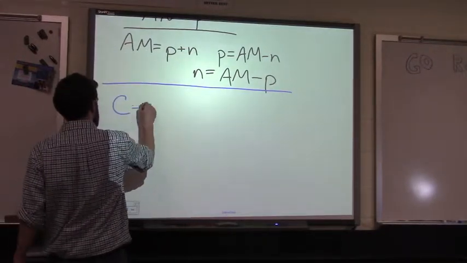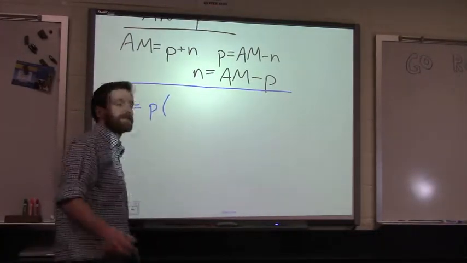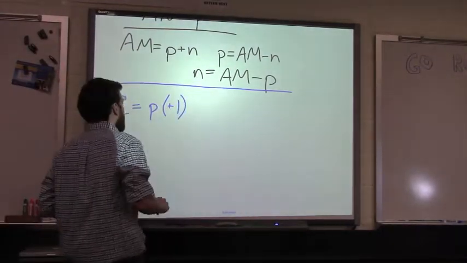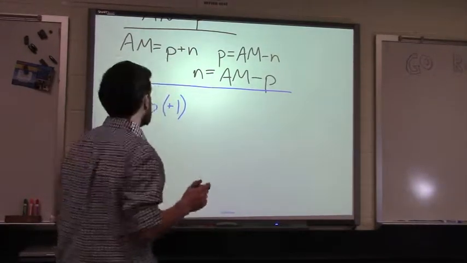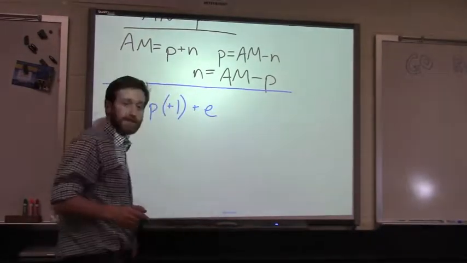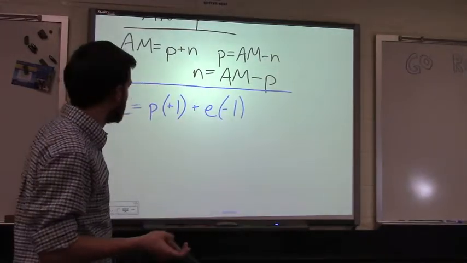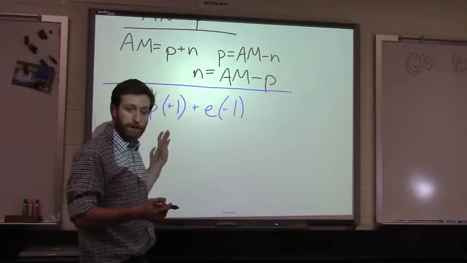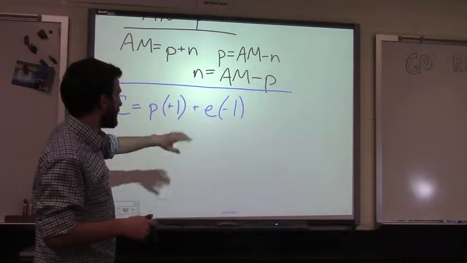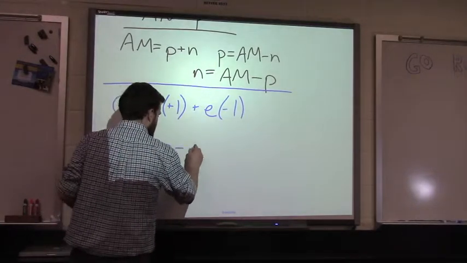Well, the charge of that atom is going to be equal to the number of protons times the charge of each individual proton, that being plus 1, added with the number of electrons times the charge of each individual electron. And when P and E are equal, the charge is 0 because all of the P's cancel out all of the E's. So if I simplify this, I can get to charge equals protons minus electrons.